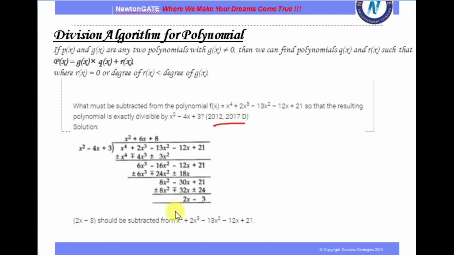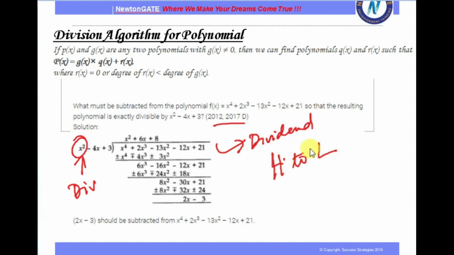Now we always look at the first term, the term with the highest power. A good tip is to always arrange the polynomials from highest to lowest, both for your divisor as well as for your dividend. Please remember this. Always arrange them from highest to lowest. If some power or degree is missing in between, put a 0 with that respective x power.